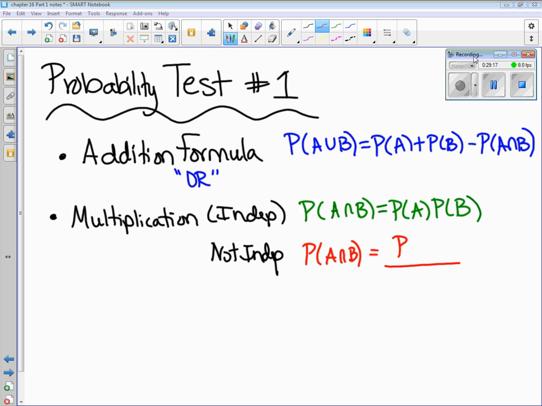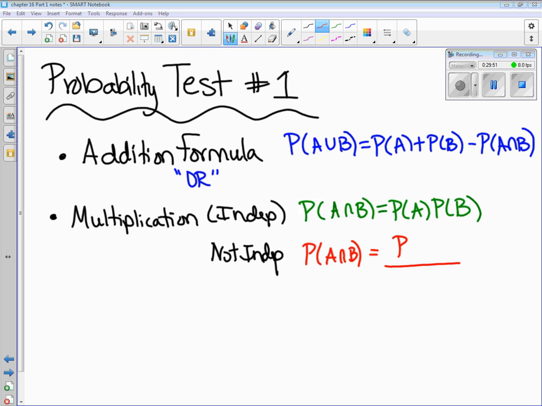This one's on your formula sheet, right in the middle. Anyone have it handy? So it's right here, right?